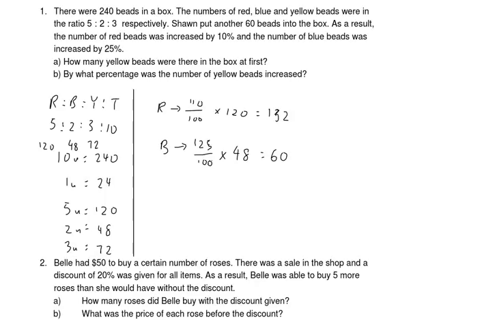Okay, so this is the increase. Red bits actually increased by 132 minus 120 to get 12. Blue bits increase to 60 from 48. You also get 12, right?